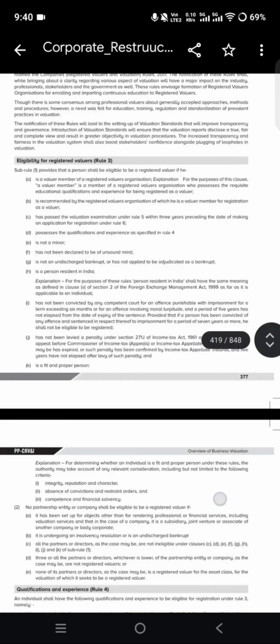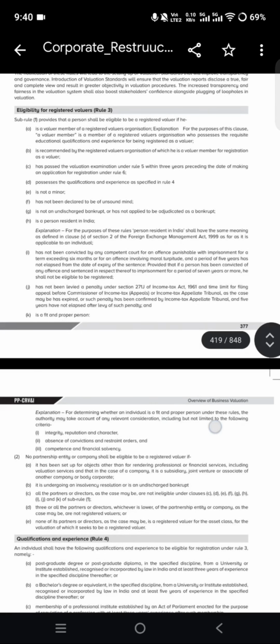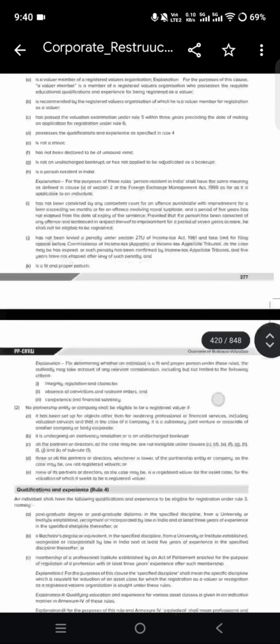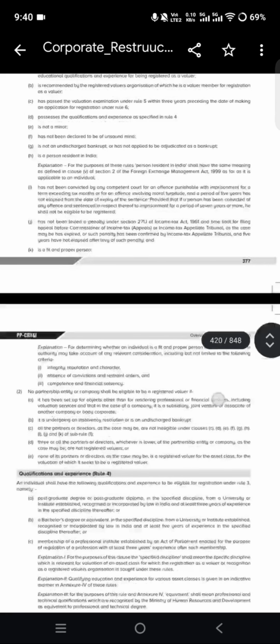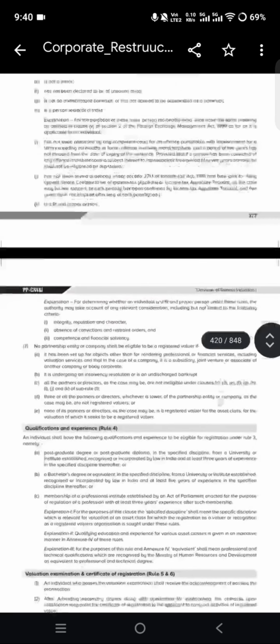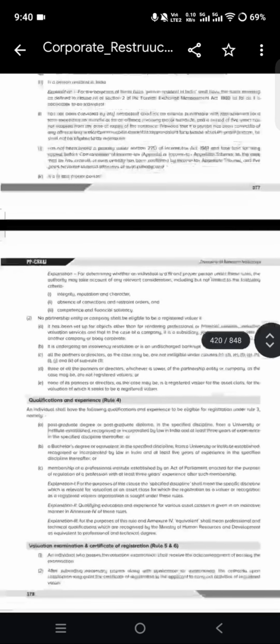So until the time for appeal elapses, or such penalty is confirmed by the Income Tax Appellate Tribunal, and 5 years have not lapsed. If 5 years have lapsed, okay. In two situations: first, 6 months for moral turpitude, then 5 years lapsed, okay. And under income tax also, if 5 years have lapsed from the penalty, that is also okay, he can be eligible to get registration.